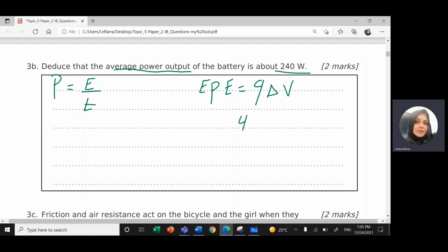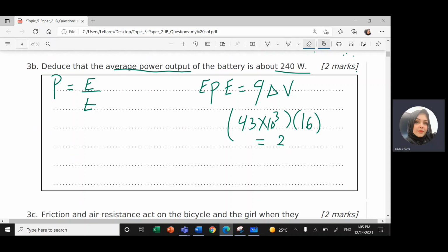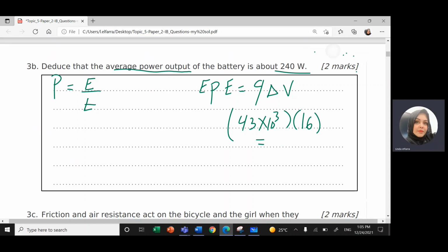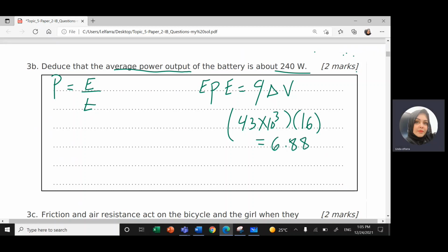Q is 43 kilocoulomb, 43 times 10 to the power 3, times the voltage. The voltage of the battery is the electromotive force of the battery, which was 16 volt. And this will equal 6.88 times 10 to the power 5 joule.